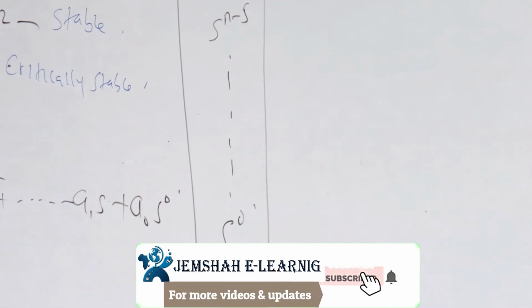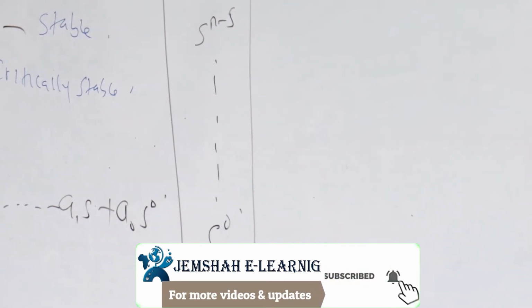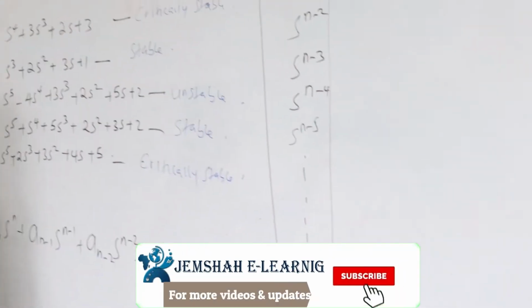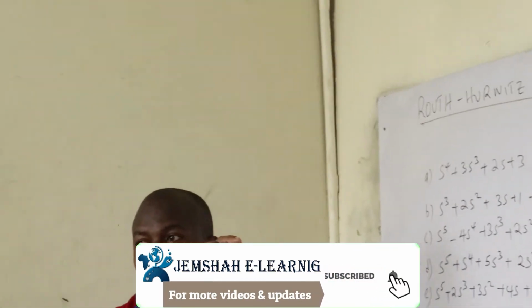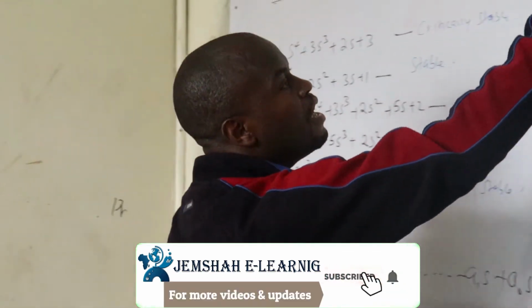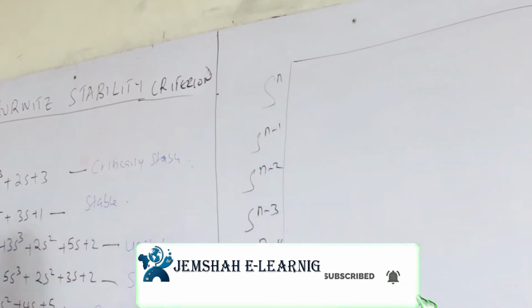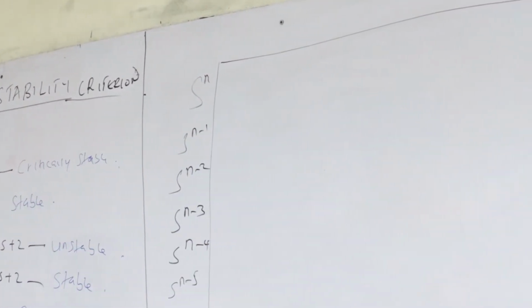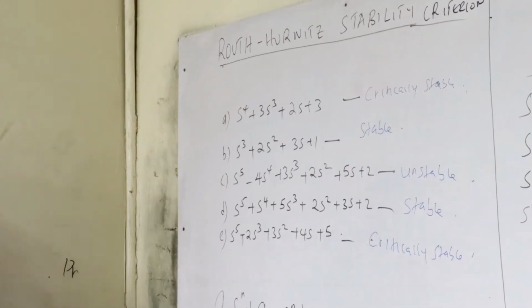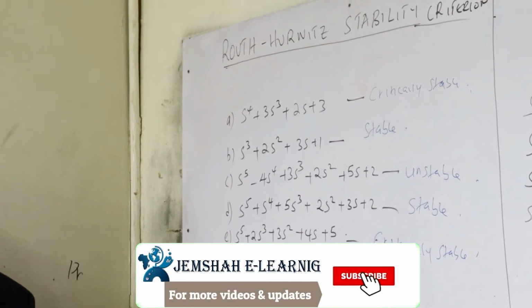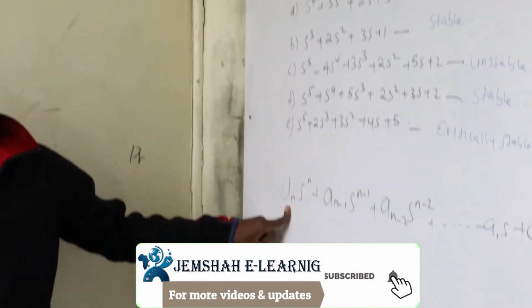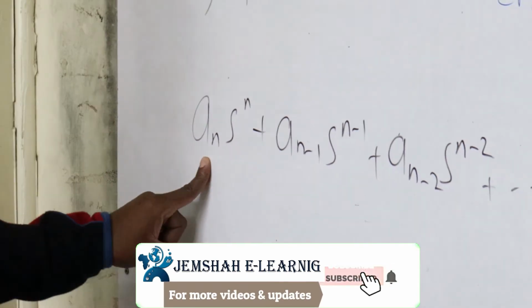Then how do we fill this? You are only supposed to fill the first two rows. Are we together? The rest you are supposed to calculate. To fill the first row, for s raised to power n, we are going to have a_n.